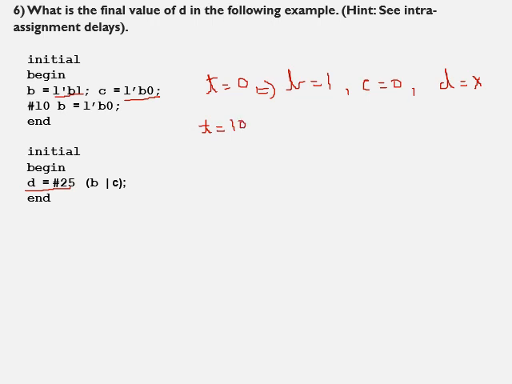Next, at time t equal to 10, b is assigned 0, so now b will become 0. C is 0 only, as per the previous. D is still unknown.